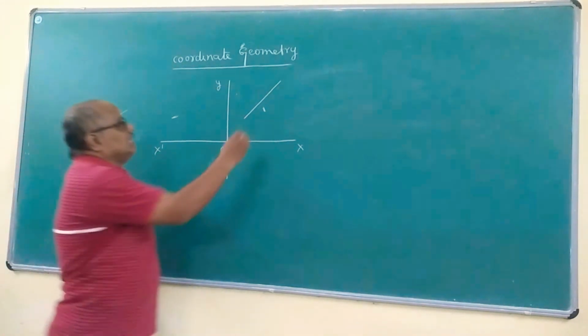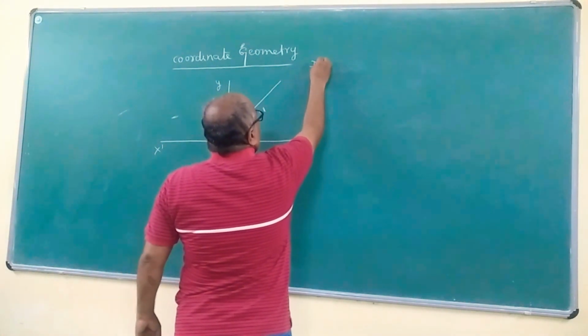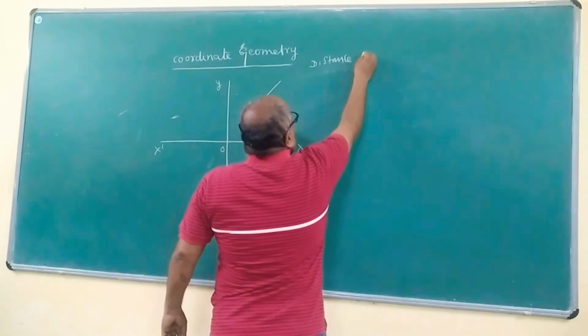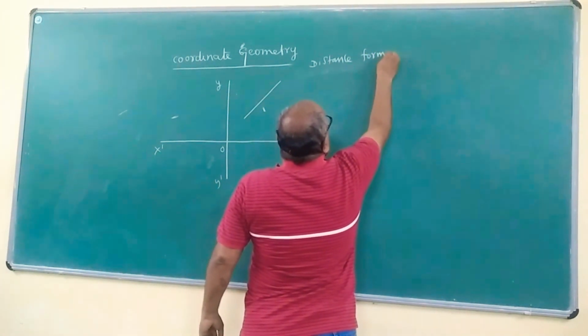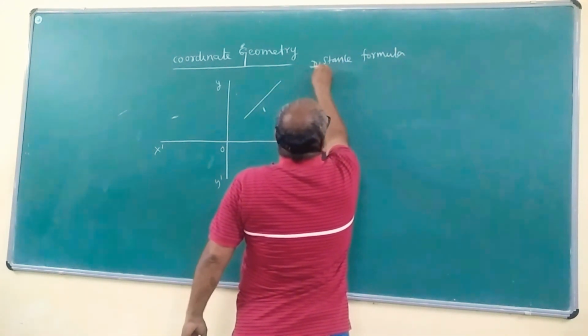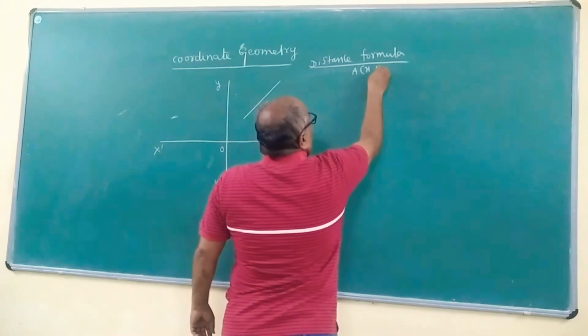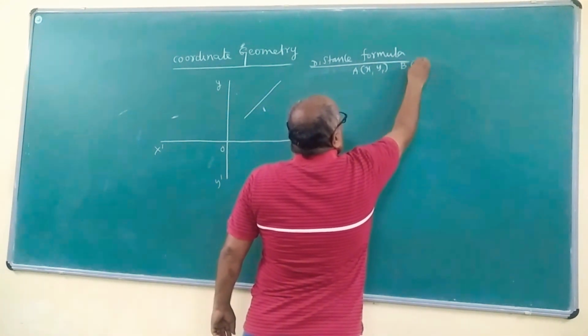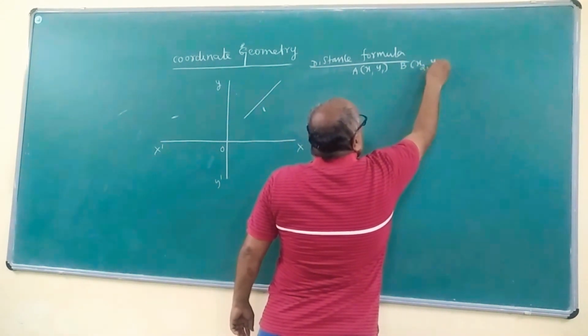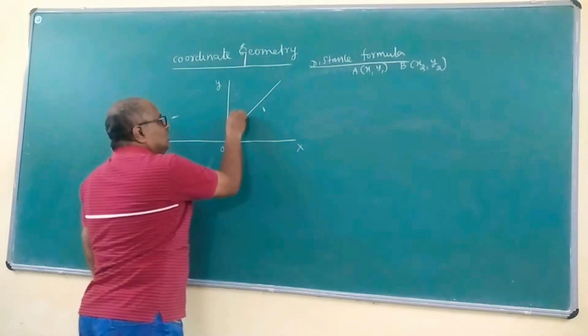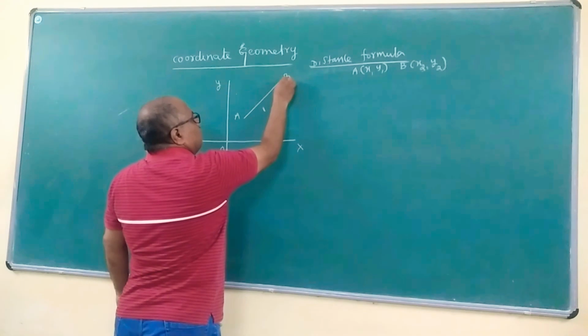This is the distance formula: the distance between two points, or the distance between the coordinates (x1, y1) and (x2, y2), the distance between the coordinates A and B.